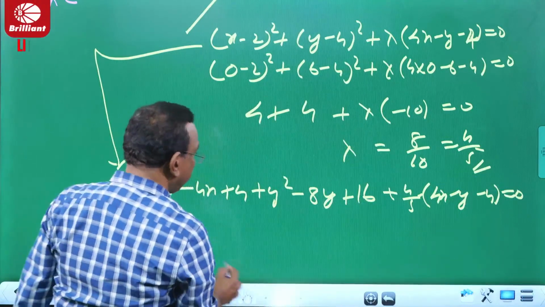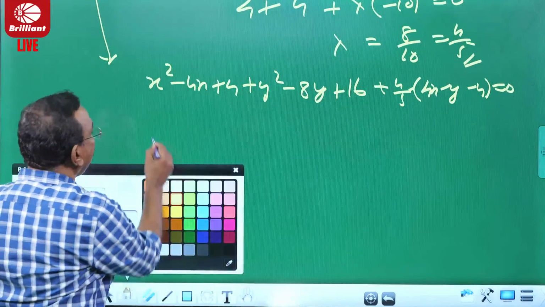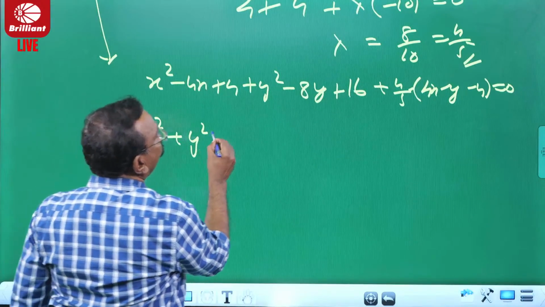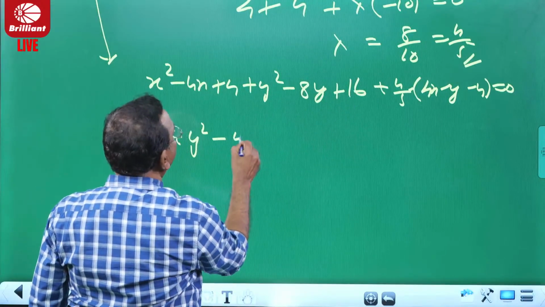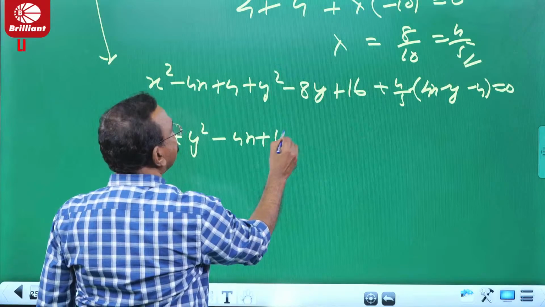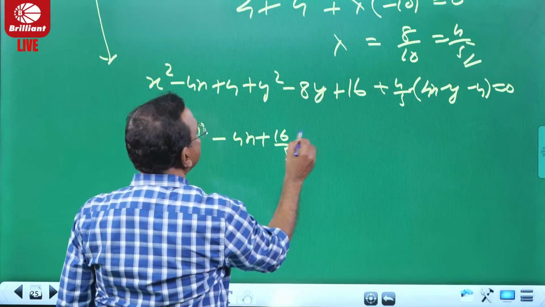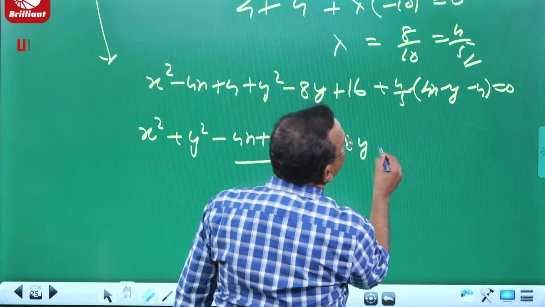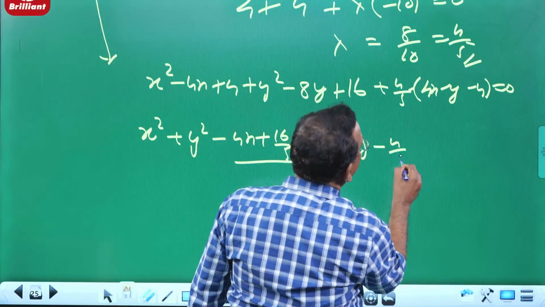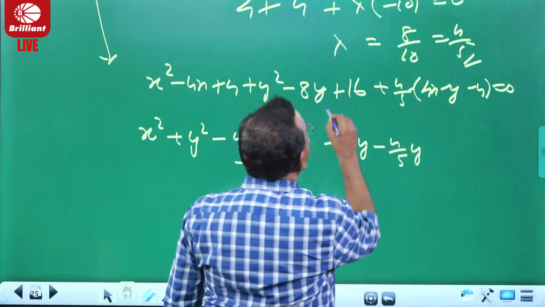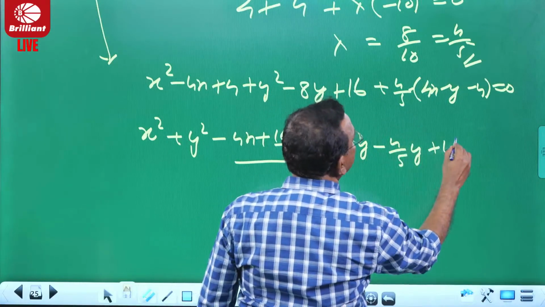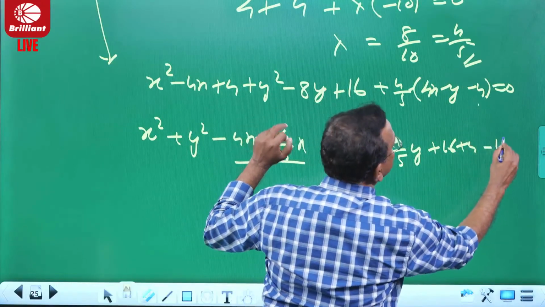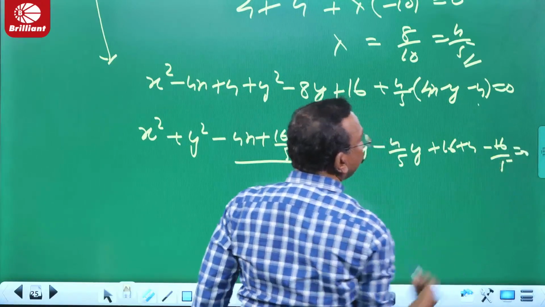So we can simplify this equation in the form: initially x square plus y square minus 4x, and that is equal to minus 4x plus 16 by 5 x, and minus 8y with the minus 4 by 5 y, and there is 16 plus 4, and here it is minus 16 by 5 equals 0.